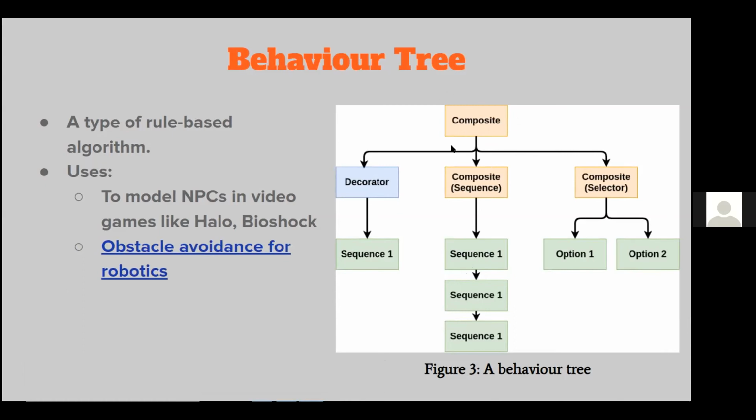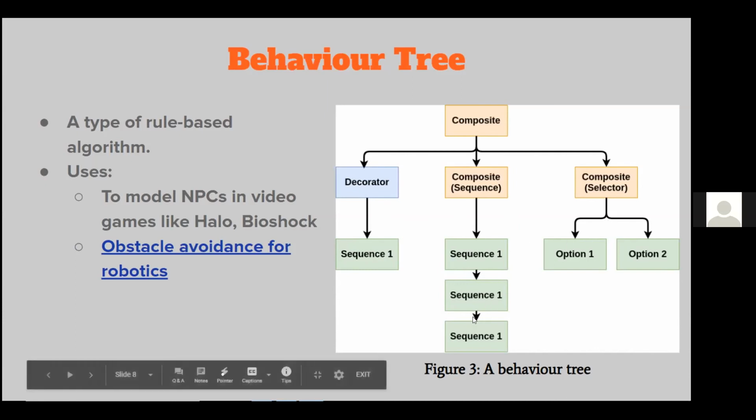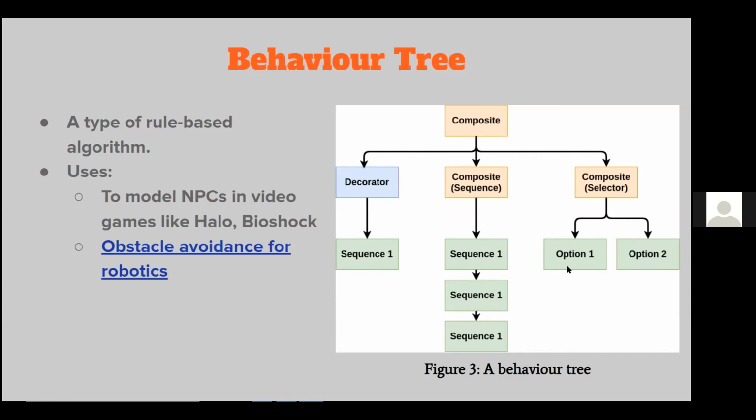For example, let's take that obstacle avoidance scenario. Suppose we see an obstacle to our left and right. It'll break down into further scenarios, and then it is further broken down into certain actions. These actions can either be executed sequentially, or one or the other, like an option.